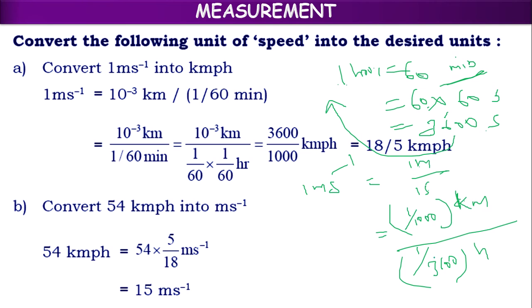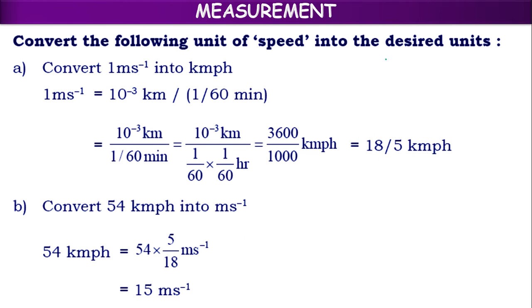Again we have a denominator, it will go up, and we can write it as 1 by 1000 into 3600 by 1 kilometer per hour, kmph. 2 zeros cancel. 2 18s are 36, 5 times 18 by 5.